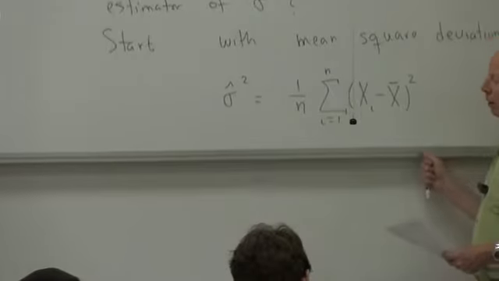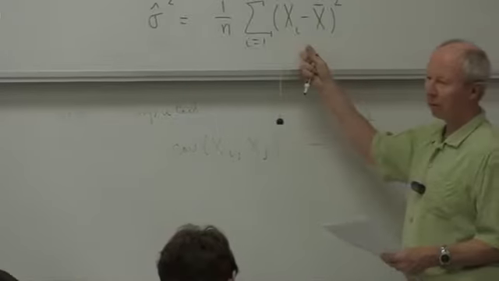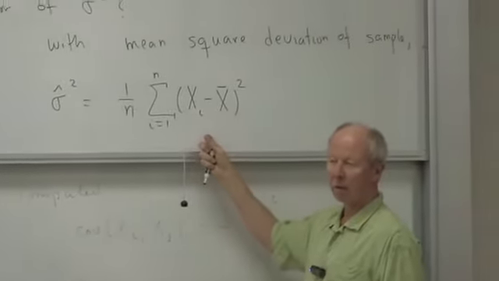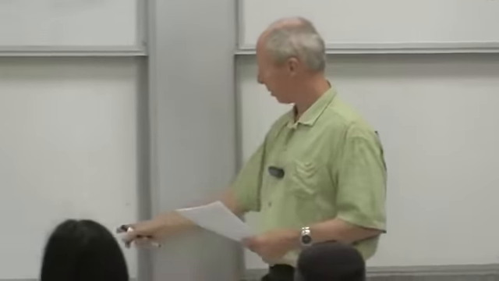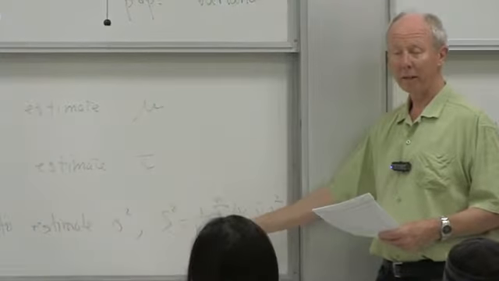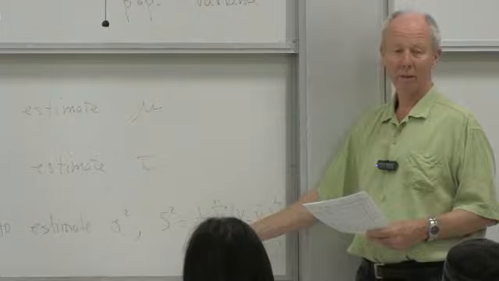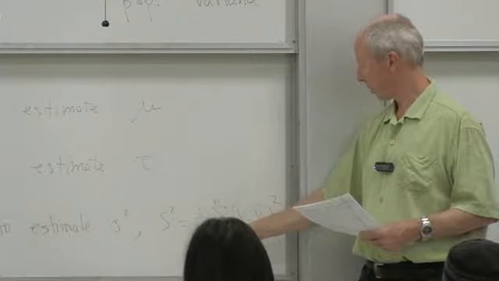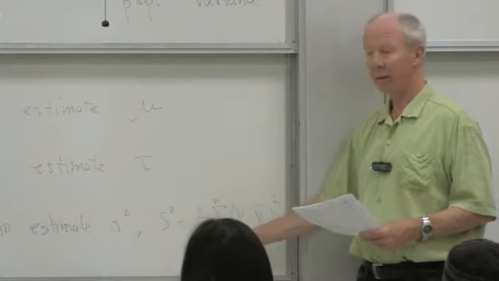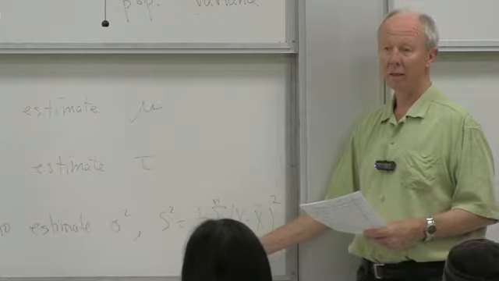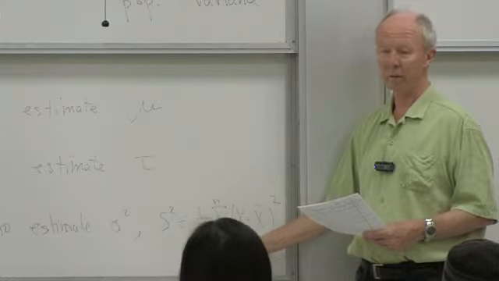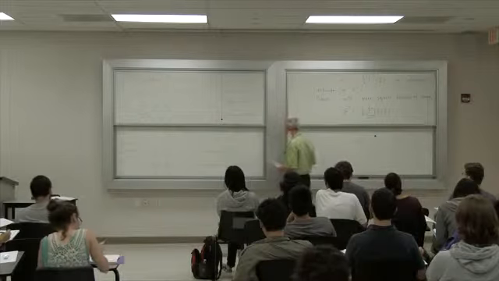Okay. This is not the sample variance. What does the sample variance look like? It's this, n minus 1. Why is n minus 1 here? This makes, in the case of independent random variables, this an unbiased estimator for the variance.